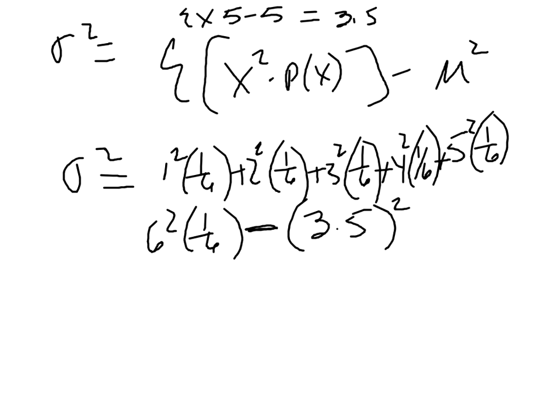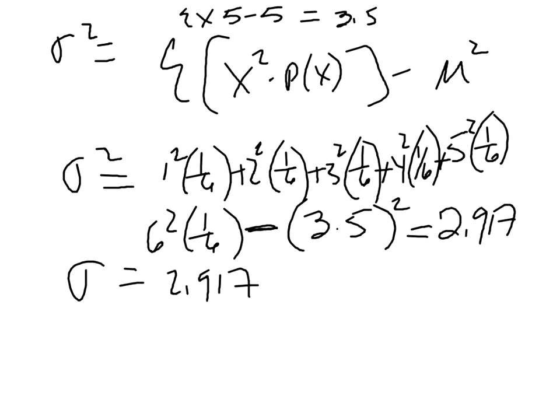So this is all meant to be written out in one line, as they did in example 5.9 at the top of page 268. And you can see that they got 2.917 as the variance. Okay, then we know to find the standard deviation that we would root both sides, and it gives us a standard deviation of about 1.708.